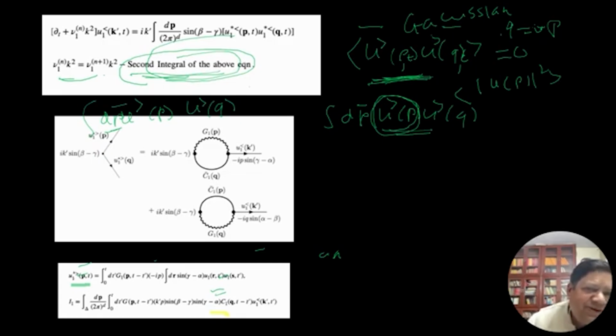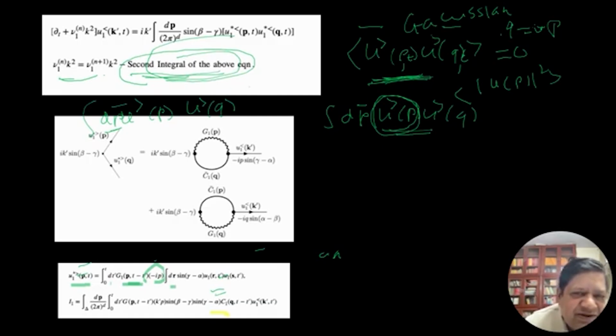Remember, the equation will be d by dt of U1 like that. So we can write that in terms of Green's function. There is a way to write a differential equation solution in terms of Green's function. So this is the Green's function, G_p(t minus t prime). This vertex for P is going to be iP, and this convolution integral is over dt prime.